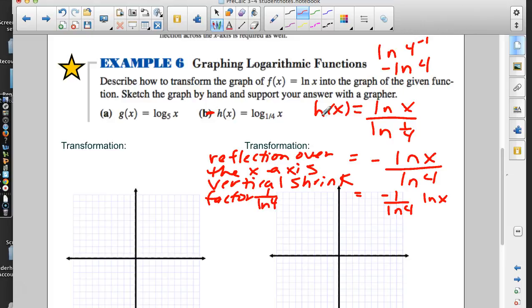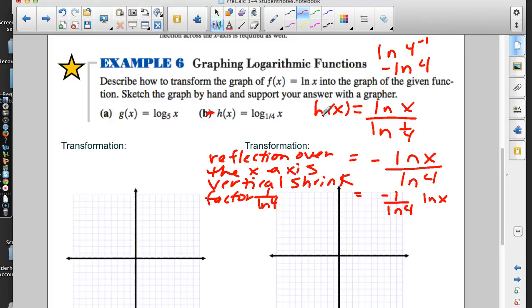So we just bring the whole 1 over natural log of 4? We do. Some books would have you put that as a decimal instead, but it's just a matter of punching it in if you want the decimal equivalent. But it would be a perfect answer to just leave it as 1 over the natural log of 4.